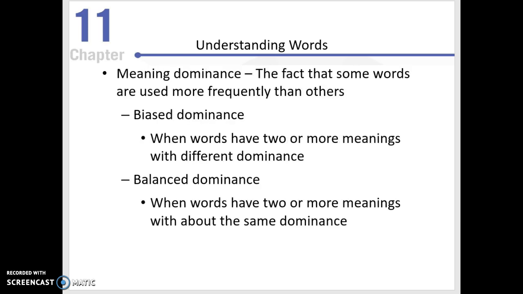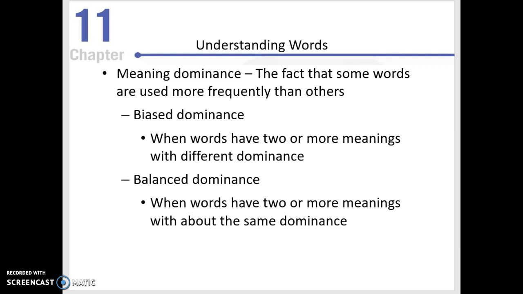There are two types of dominance when we're talking about this lexical ambiguity. So again, words that are the same but have different meanings could have biased dominance or balanced dominance. Biased dominance is when one is more frequently used than the other.